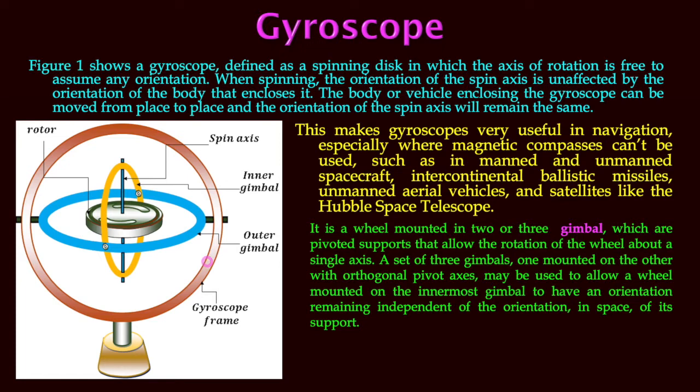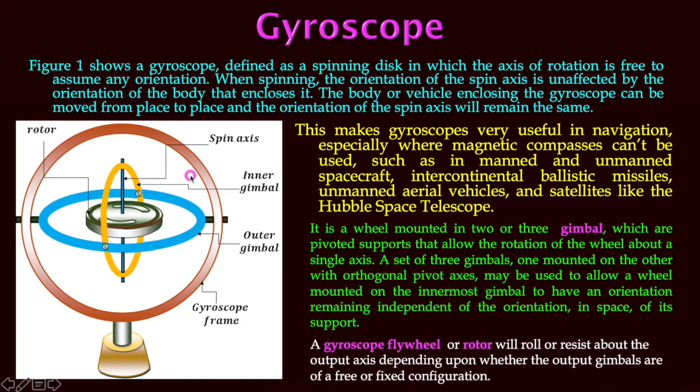So this is the concept that we are using in aerospace, so that after spinning this at very high speed, irrespective of the motion of the aircraft, this axis remains in the same direction. Means it is not rotating along with the frame. This wheel is a very important part here. This wheel or rotor is also called the flywheel.